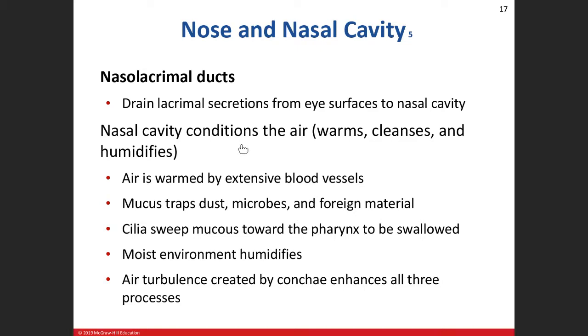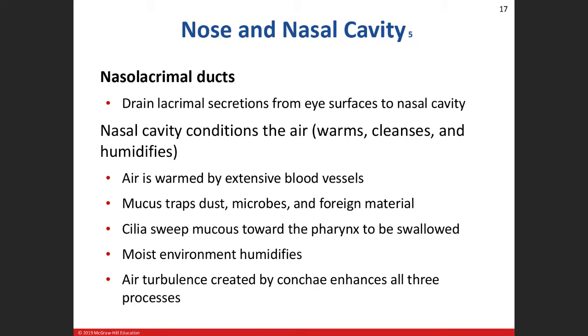And one of the things that we have to understand when we're discussing the nasal cavity is, and I mentioned this on Wednesday of last week, its job is to prepare the air that you are inhaling for the more sensitive environment of your respiratory system.